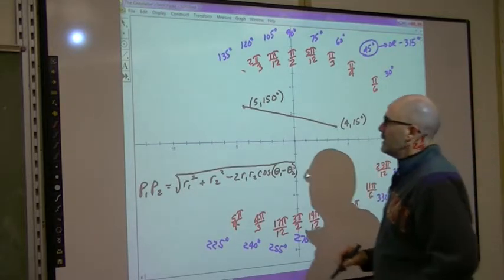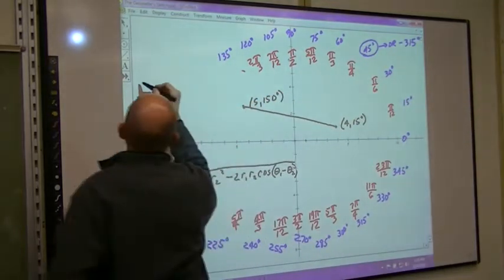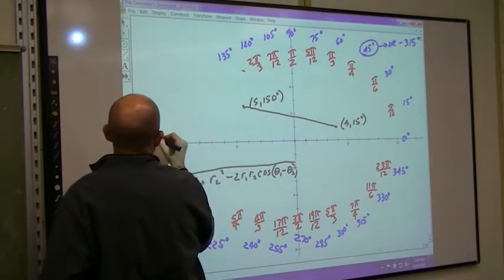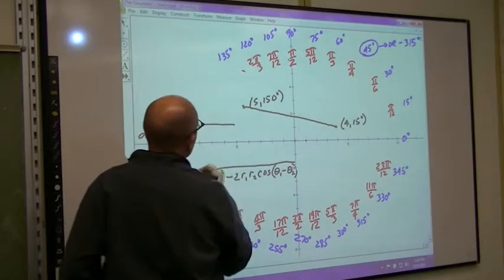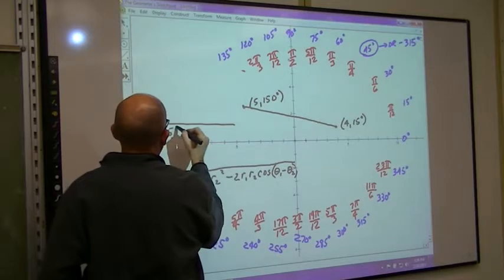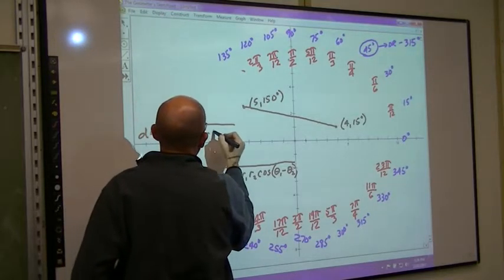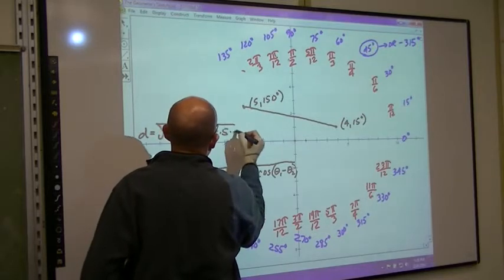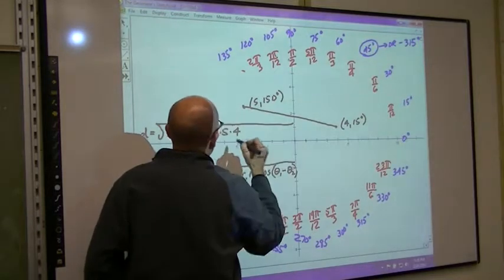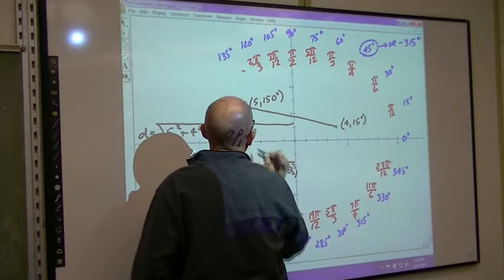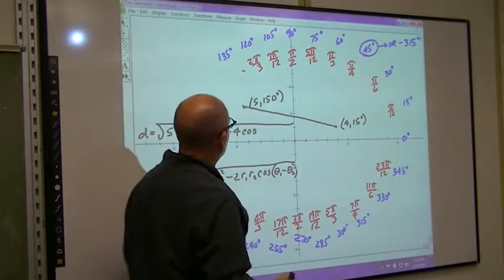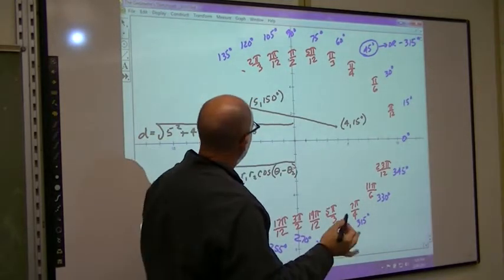So this distance is going to be the square root of 5 squared plus 4 squared minus 2 times 5 times 4 times cosine of the angle in between. Well, what's in between 150 and 15? Yeah, 135.